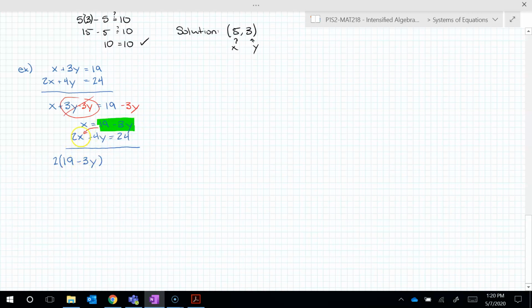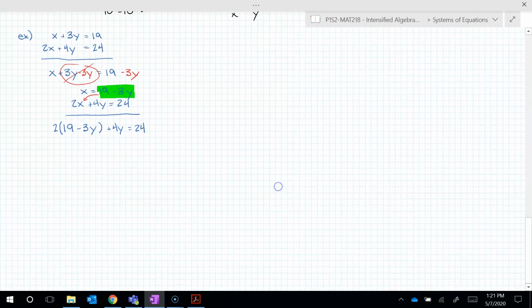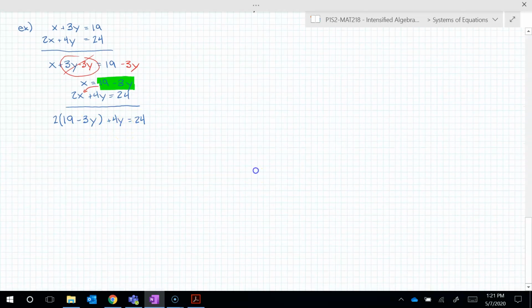So I'm not replacing the 2x, right? 2x would be double this. 1x is that. So I need to do 2 times this plus 4y equals 24. Right? I'm only replacing the x with the thing that x is equal to. And now I have one equation with y being the only thing that I don't know.